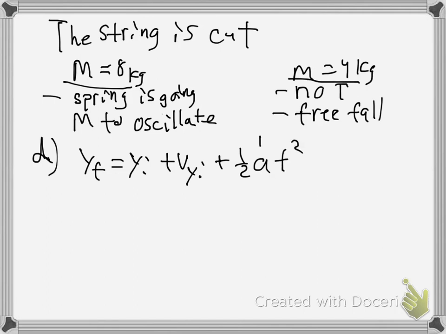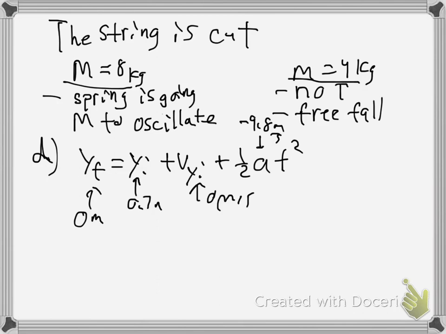Obviously a here is negative 9.8, so that plus sign is definitely going to go away. And we're looking for t squared. Now this is 0.7, and this is 0 because it's going to hit the ground. And this is 0.